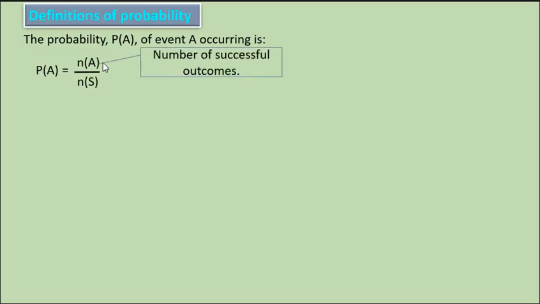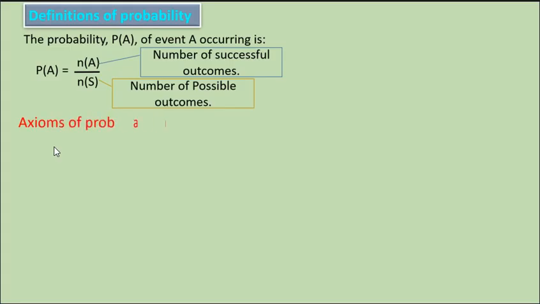The numerator here is the number of successful outcomes, what has happened, the outcome of the experiment. The denominator is the number of possible outcomes. We have already defined this as sample space and event space. That takes us to something very important about probability, the axioms of probability.